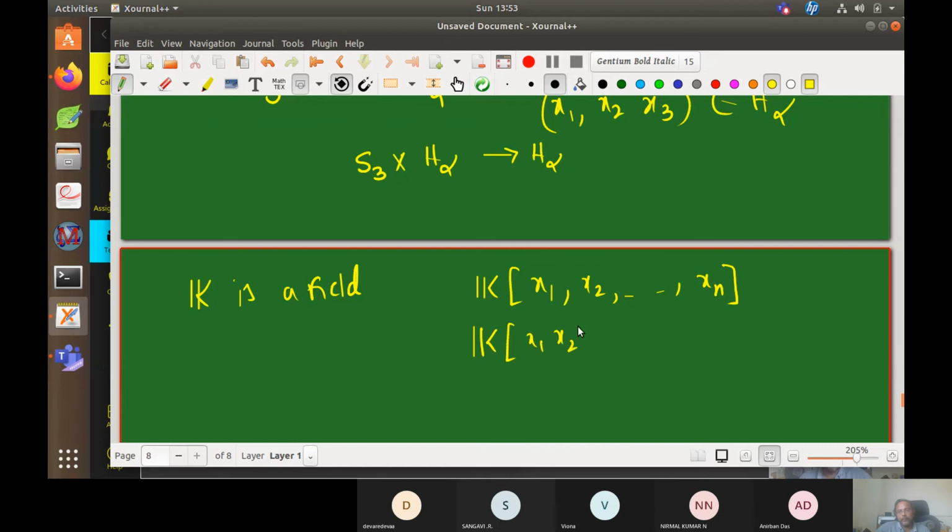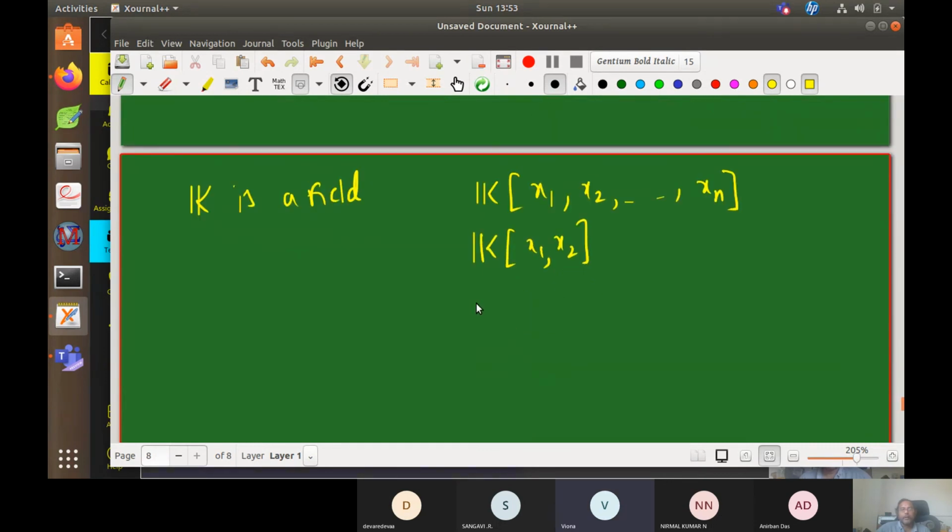K is a field, no. Take real numbers. Example: 2x1x2 plus x2 square. Very nice. Now I can call this f of x1, x2.